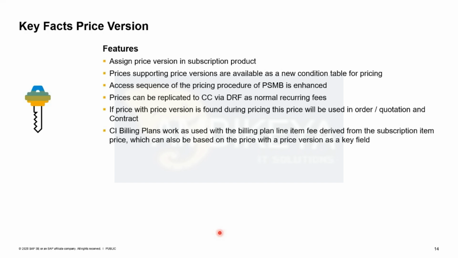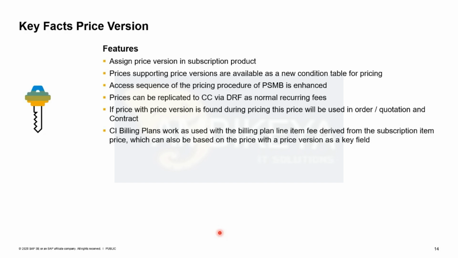Okay. So here the features are: a price version can be assigned to a subscription product. This is assigned again as the CCM version. And we introduced a new access sequence in the pricing procedure for PSMB, which now also considers a price version.